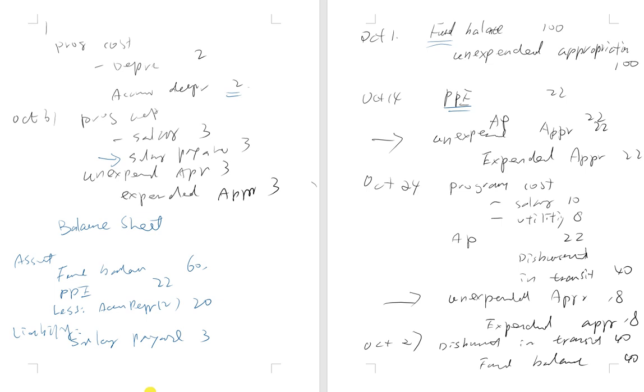And finally is the net position part. In financial accounting, that's the equity part, right? Financial positions, or our equity, we have unexpended appropriations, right? So what's left with the Treasury?